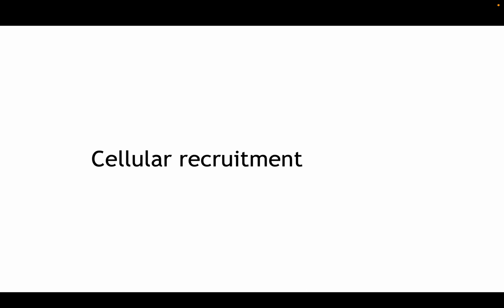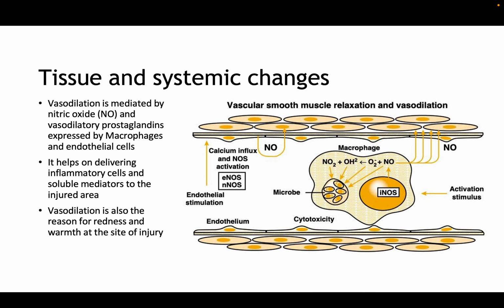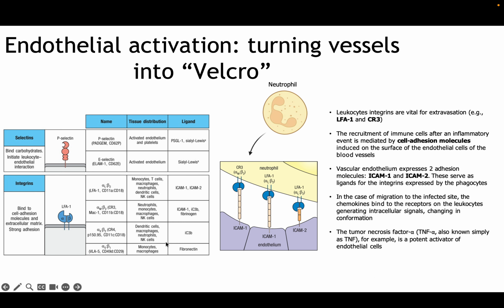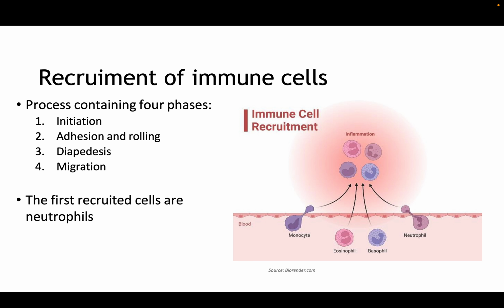So now you've made your tissue more dilated, more permeable, and more sticky. Now you can enhance cellular recruitment. The macrophages, mast cells, and basophils that are there are releasing all of these chemicals, and what they're trying to do is recruit other immune cells to come in.